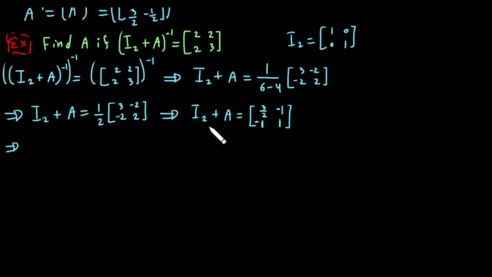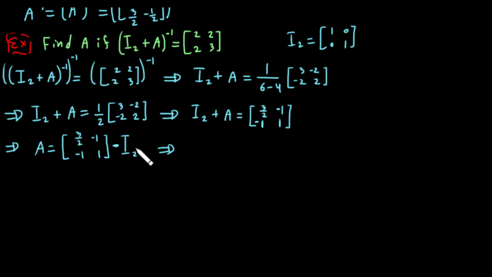And this simplifies by taking this identity to this side, so A equals 3 over 2, -1, -1, 1, minus the identity.